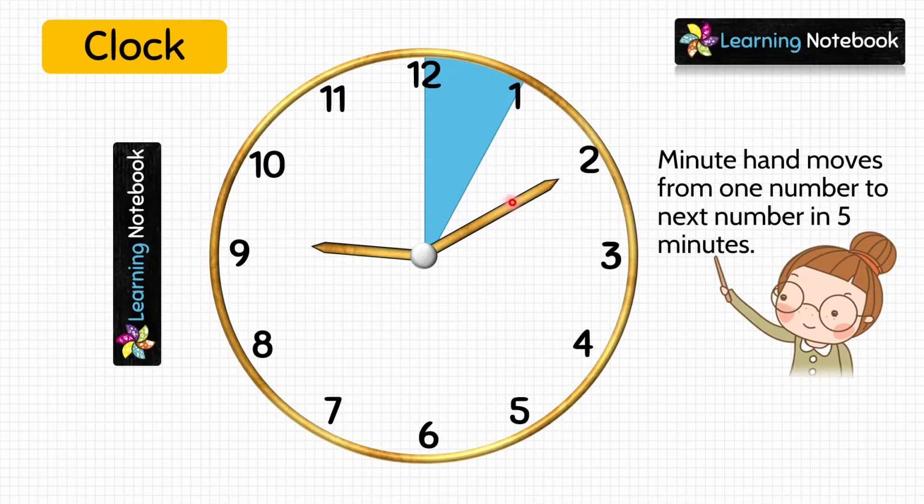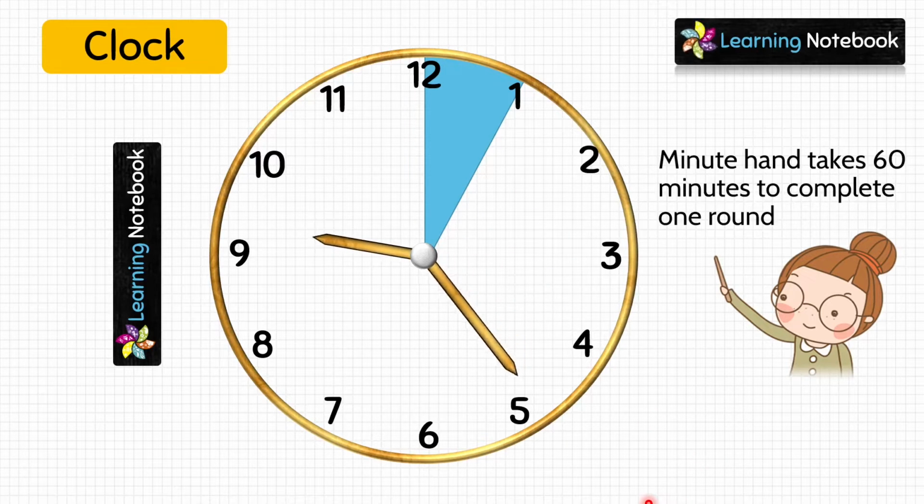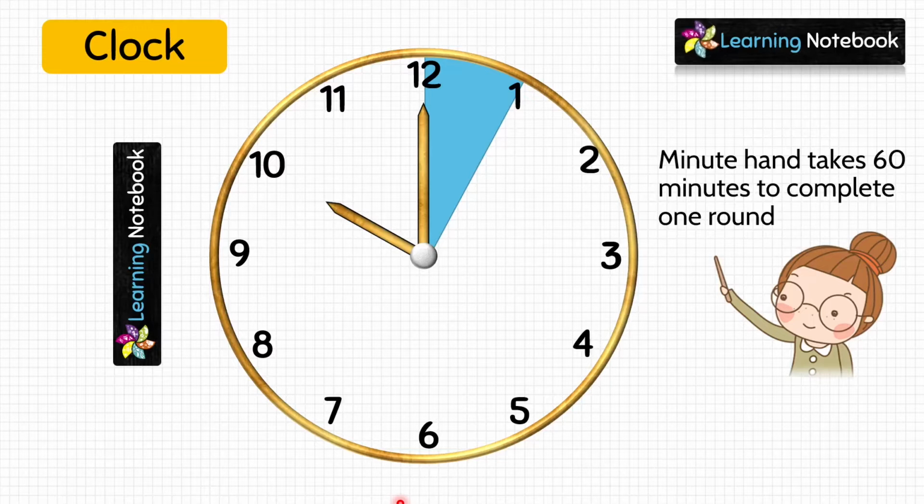So students, in this way, minute hand takes 60 minutes to complete one round. Why 60 minutes? Because 12 into 5 equals to 60 minutes. And 60 minutes equals to 1 hour.